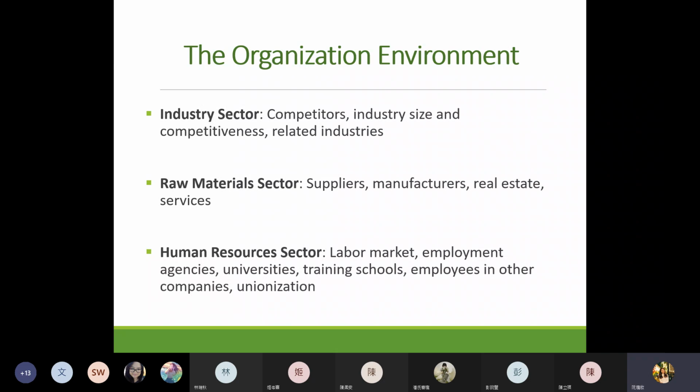But in time, if that kind of skill is included in the education system, then it would be easier, more accessible, or cheaper for companies to gain that kind of resource in terms of human resources, and that could be something linked to the operation or decision making of the organization.